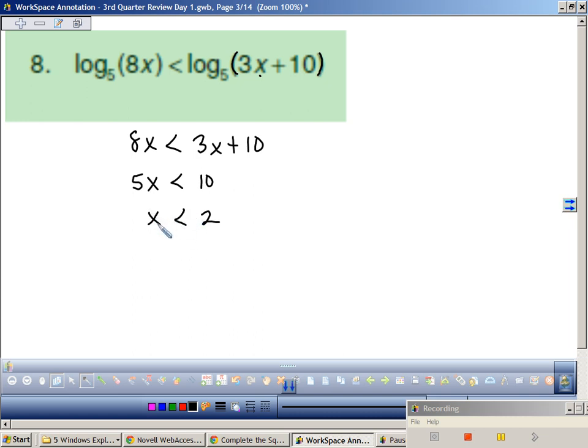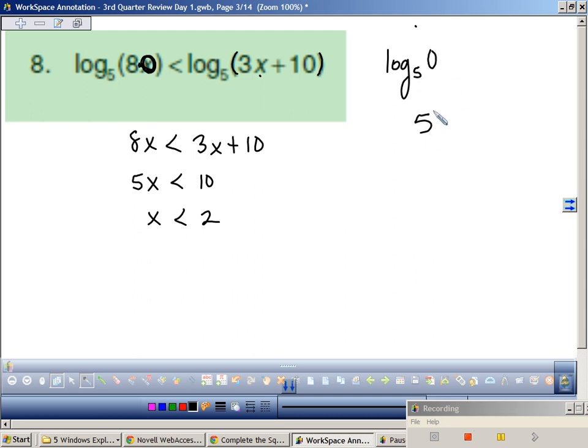So what's the one important number that you really have to think about? Okay, so can x be 0? If what I'm saying is x is less than 2, well then could x be 0? Let's check. If x was 0, wouldn't this be saying log base 5 of 0?